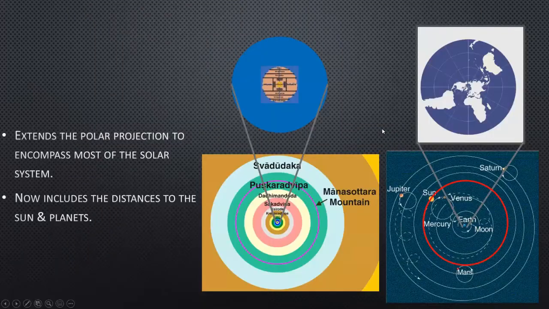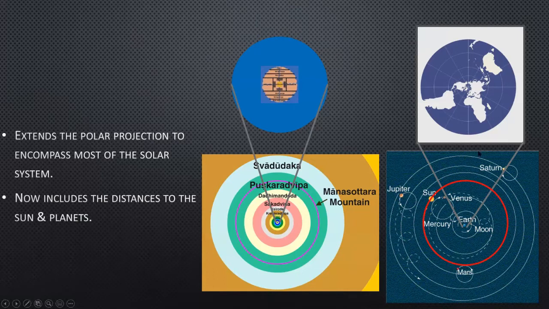If we were to extend the polar projection to encompass the whole solar system, then we could see that something like the Manasotira mountain lines up with the orbit of the sun, specifically at the point where it's in the winter solstice.